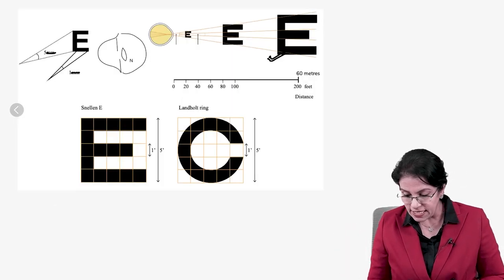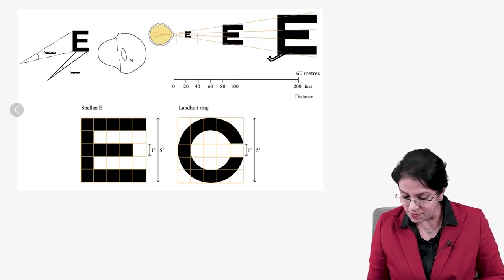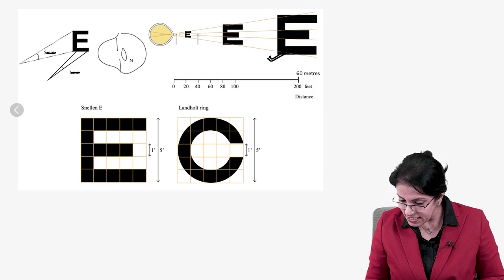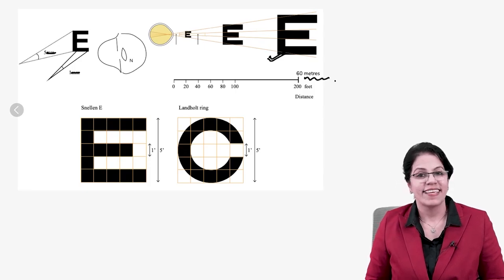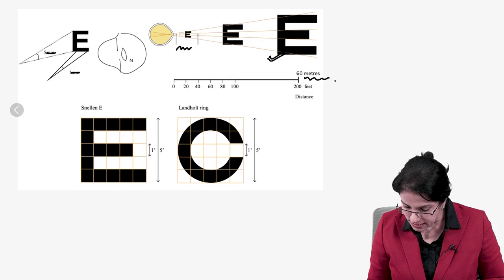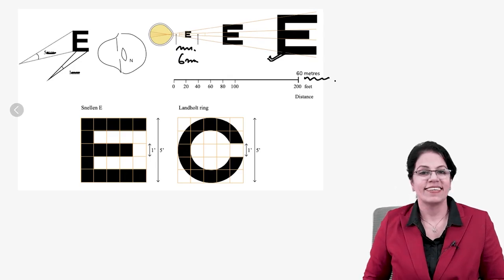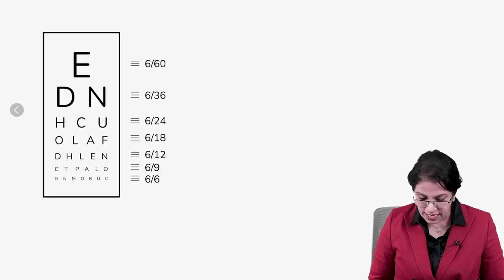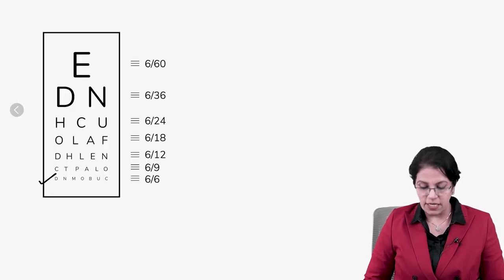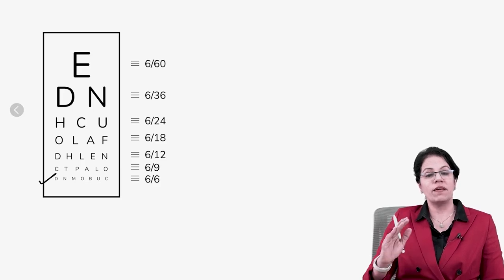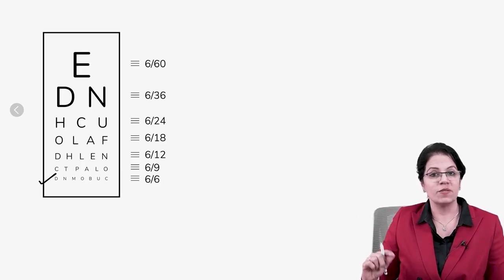The largest letter is subtending this angle at 60 meters, and the smallest one is subtending this angle at 6 meters. Got it? So DNHO-BUC is subtending 5 minutes and 1 minute at 6 meters only, 6 by 6.